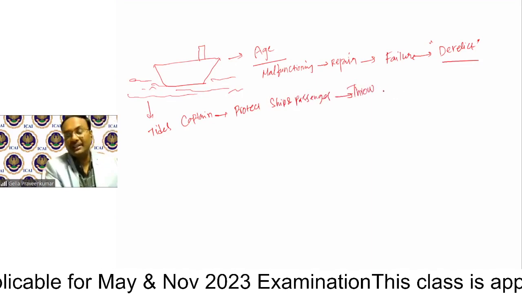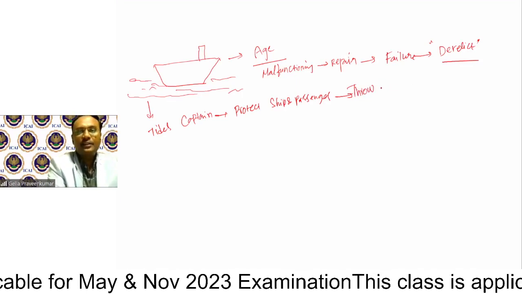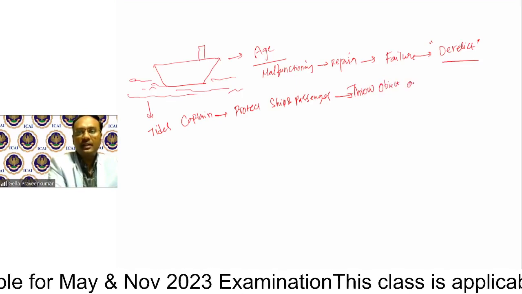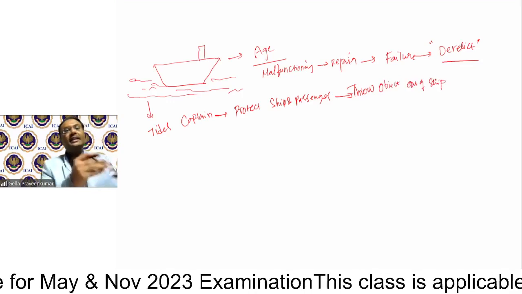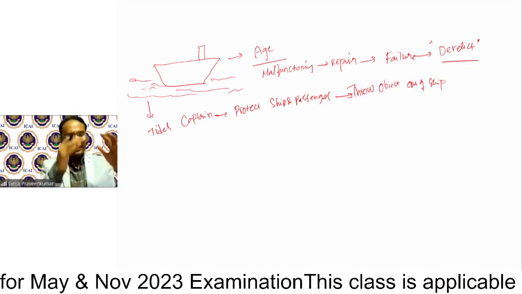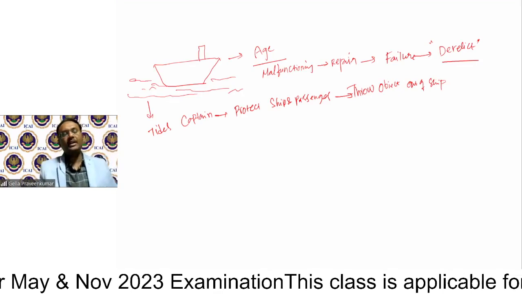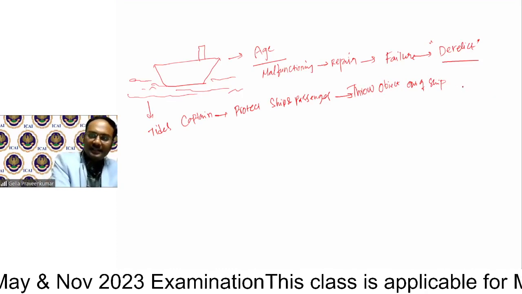He cannot throw the passengers because it's going to be a criminal aspect. They throw objects into the ocean out of the ship. They say that because of heavy tides, the weight of the ship is not being controlled, so let's throw some objects out of the ship. That's called jetsam.